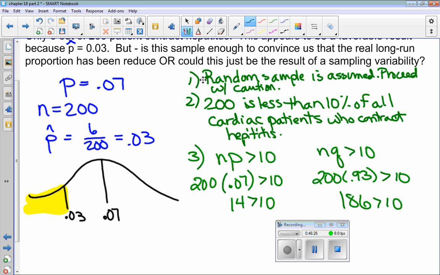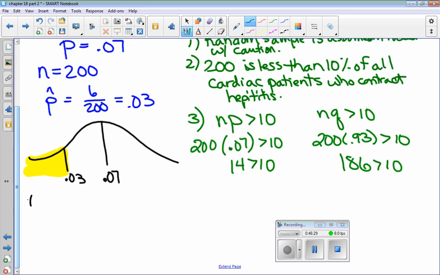So, we have to find our new standard deviation of our proportions. So it's the square root of 0.07 times 0.93 divided by 200. I'm going to trust you. Hunter's been pretty trustworthy so far.